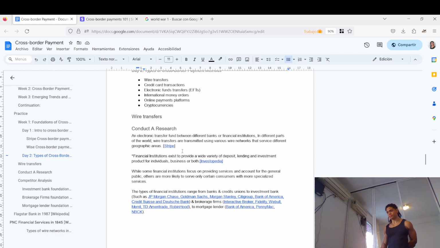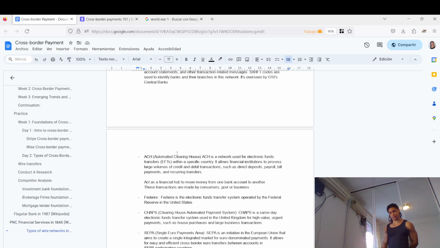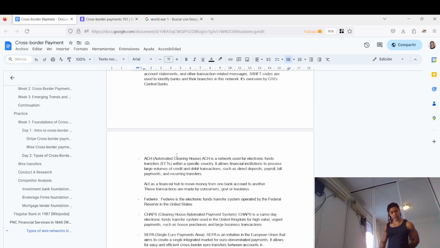This various network here is, for example, the ACH, the Automated Clearing House in the US. It's a network used for electronic funds transfers, EFT, within a specific country.